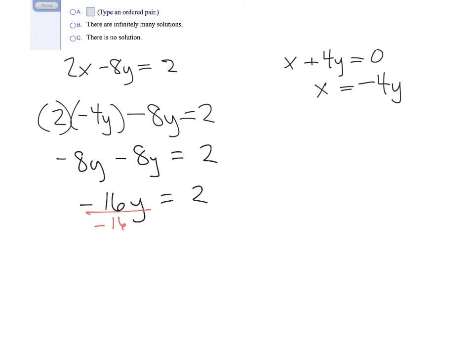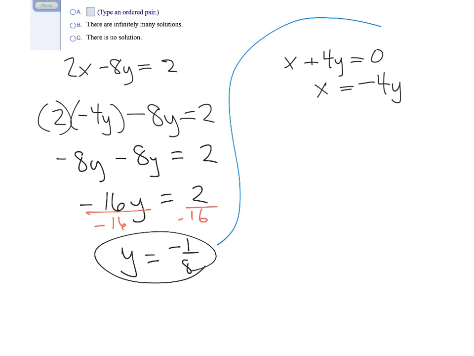And so this ends up equaling negative 16y equals 2. I'm going to divide both sides by negative 16, so we end up with y is equal to negative 1/8. Now that y is equal to negative 1/8, you substitute that in over here, and you end up with x is equal to negative 4 times negative 1/8.